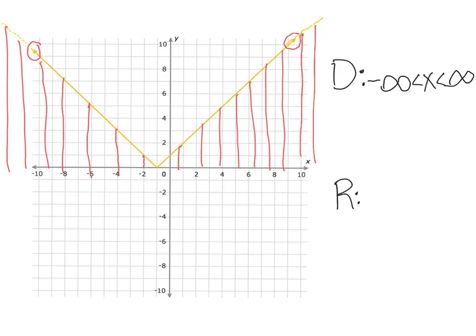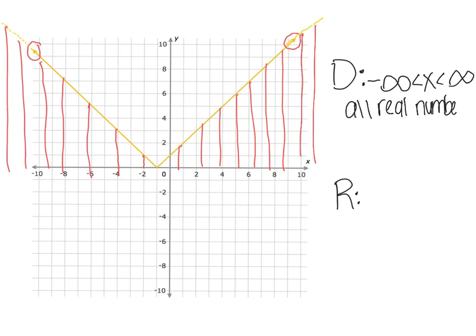So when we go from negative infinity to positive infinity, there are no numbers that are not included. It includes every single number. So this is actually how we would write that: all real numbers.